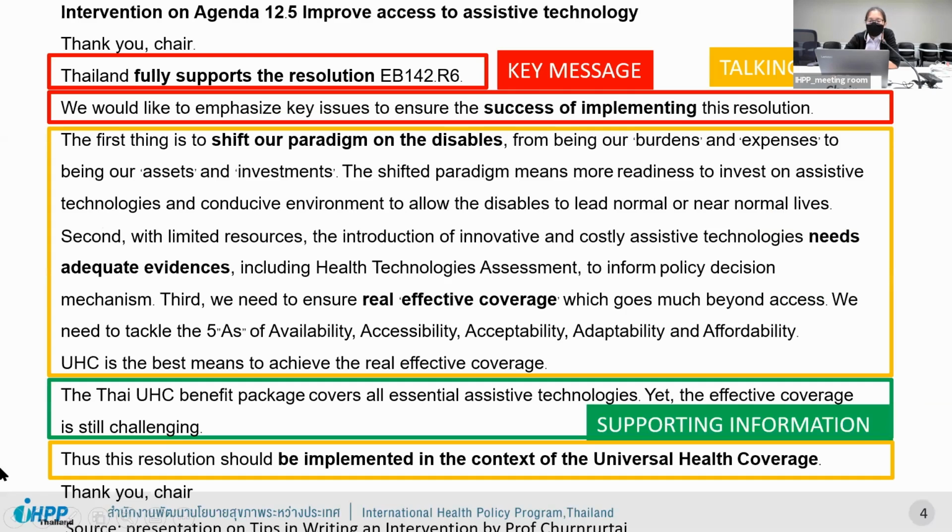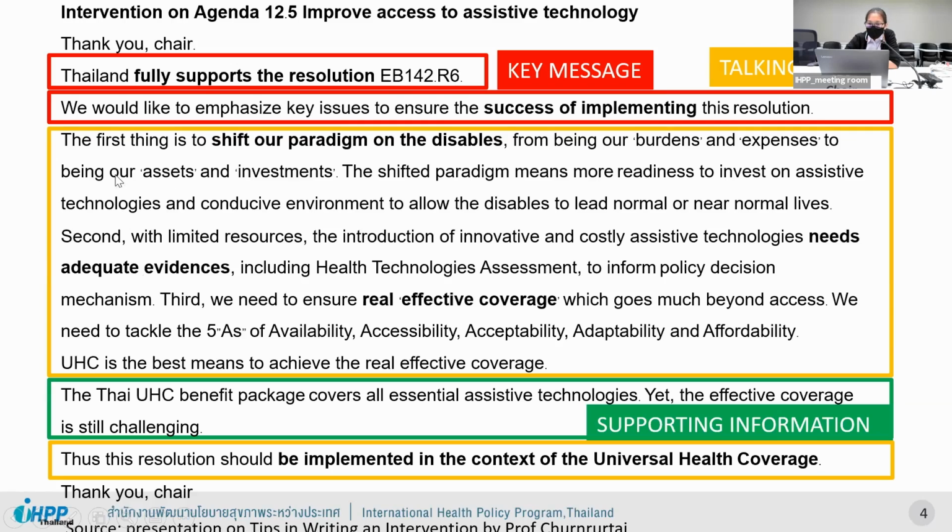This is another example, on agenda item 12.5 on access to assistive technology. The key message is that Thailand fully supports the resolution. This is the first key message. And then we emphasize key issues to ensure the success of implementing this resolution. So this is the key message of this intervention.